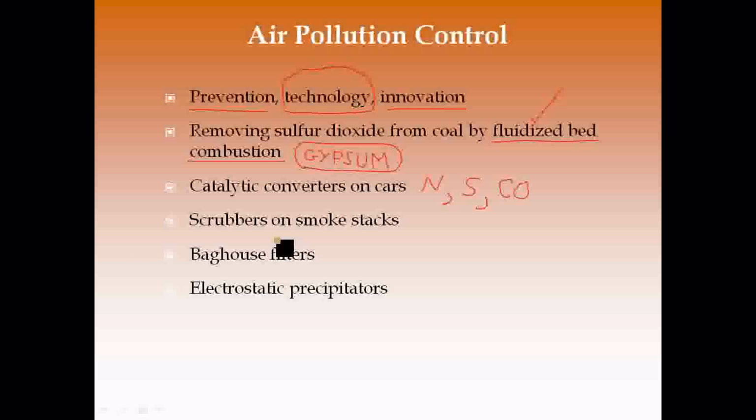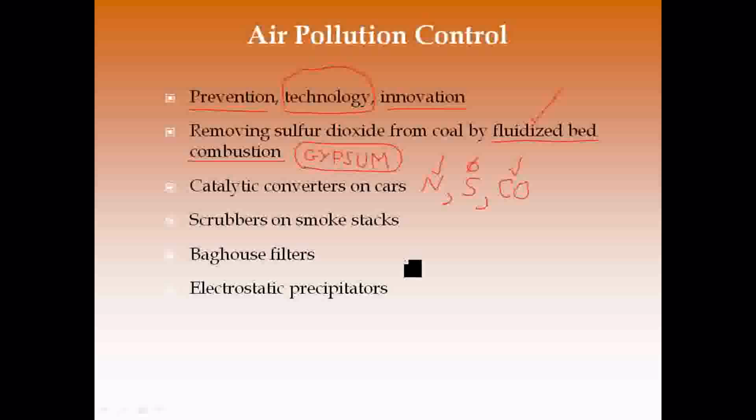And what I tell you, always remember that usually it's the nitrogen that it's least effective on. So practically no sulfur gets out of your tailpipe. Yes, CO gets out of your tailpipe, and yes, nitrogen gets out of your tailpipe.